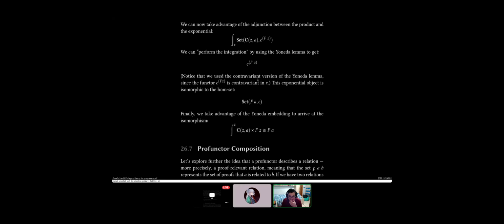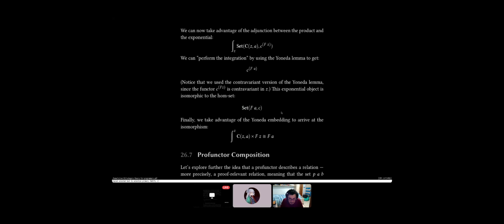Notice that we used a contravariant version of the Yoneda lemma, since the functor c f z is contravariant in z. This exponential object is isomorphic to this home set. Let's try to use this version. Let's imagine that the middle version doesn't exist. So we are going from set c z a, c f z to set of f a c. Hmm.